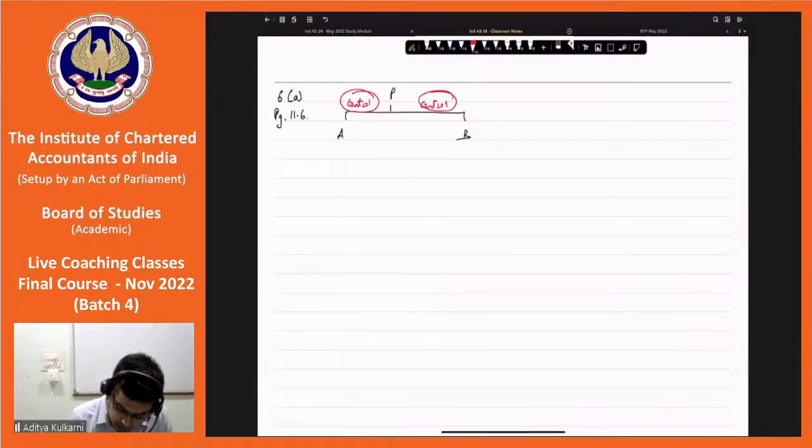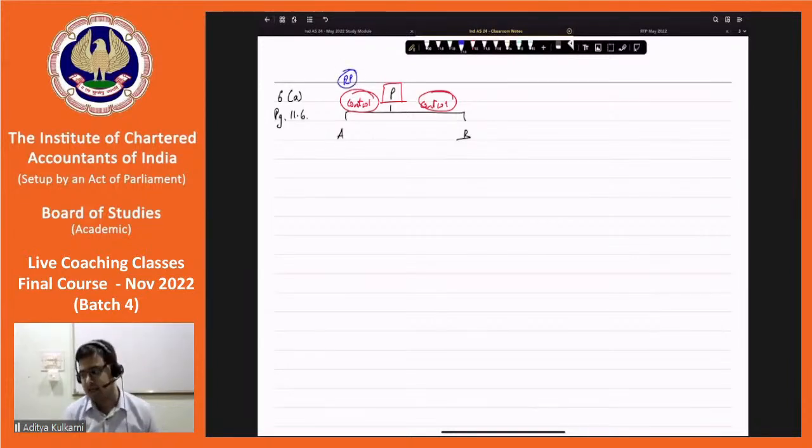So suppose P is my reporting entity. I am preparing P's balance sheet. So in P's balance sheet, will A be a related party? Definitely. Will B be a related party? Definitely.